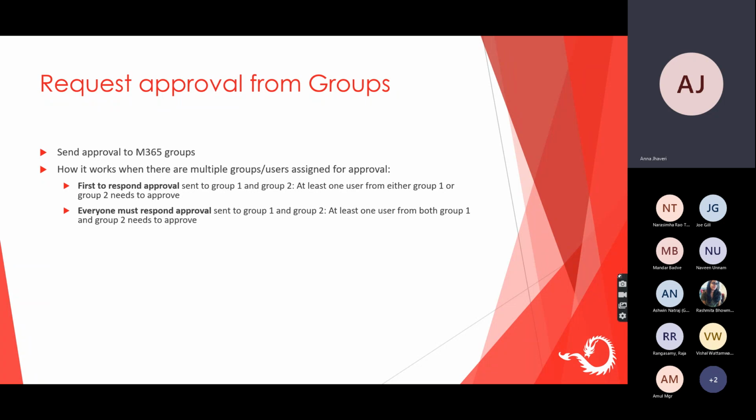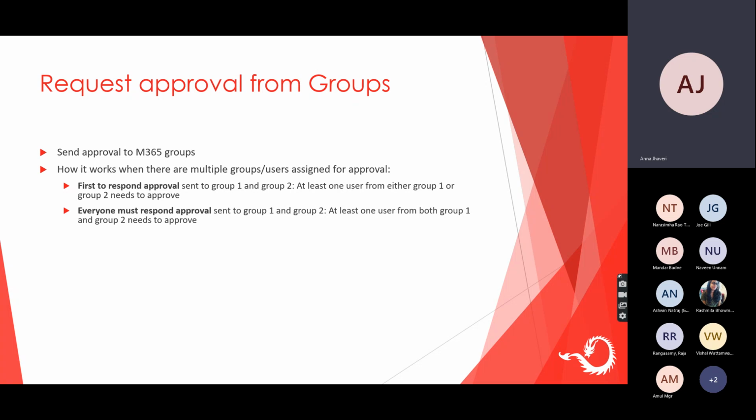Then here is another scenario where you are selecting the approval type as everyone must respond to the approval, where you want all people to respond to that request. It's kind of tricky here.